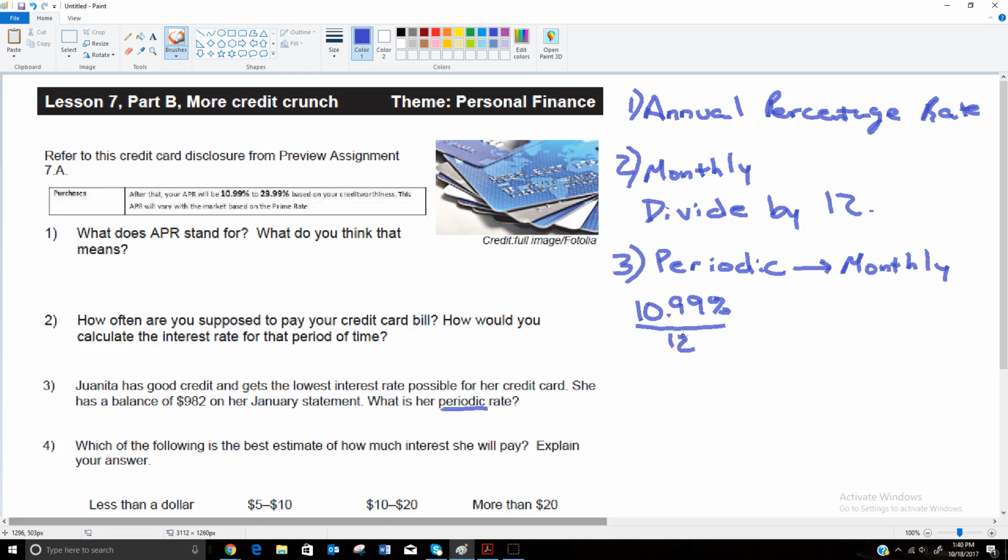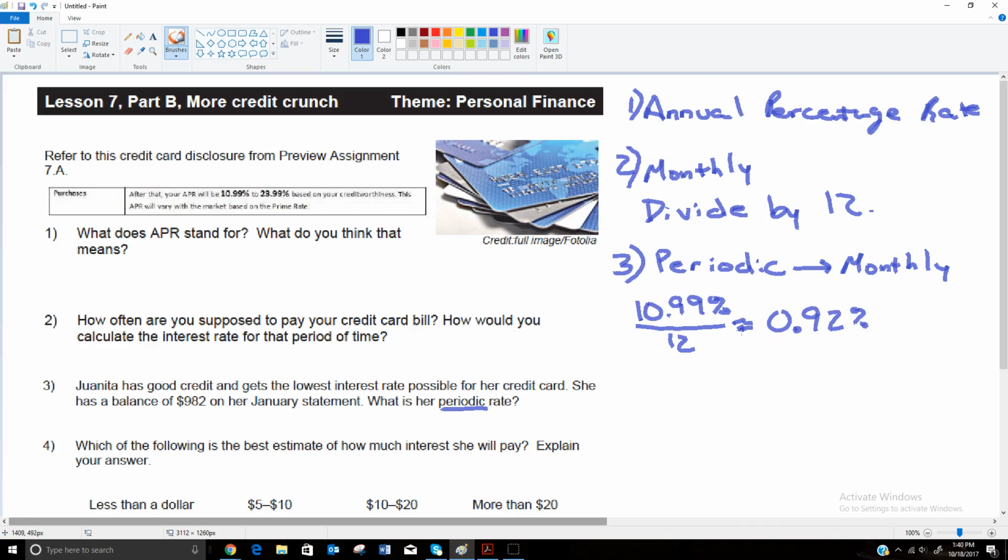So if we, again, grab your calculator, if you do 10.99 and you divide that by 12, you get about 0.915833. So if I round that properly, it is about 0.92 because it's 915, and so I'm going to round that 1 to a 2. So it's about 0.92%. So that's less than 1%.